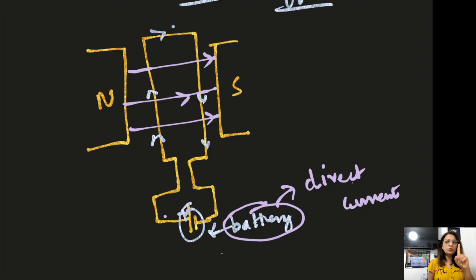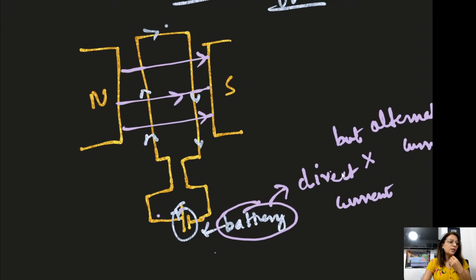But if you want to spin the wire round and round in the motor, do you need a direct current or an alternating current? Yeah, correct. We want not the direct current, but alternating current. Now, what makes the current alternating?